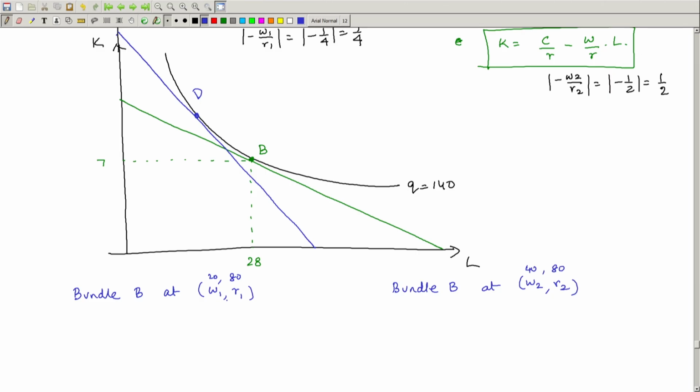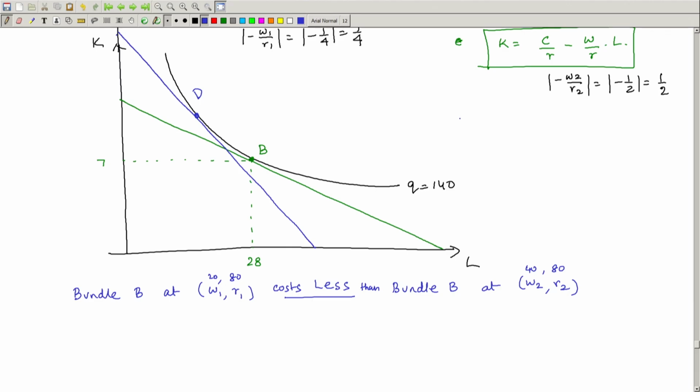So, you are taking the labor coordinate multiplying it with 20, the capital coordinate multiplying it with 80, and for the same input bundle B, the labor coordinate multiplied by 40 plus the capital coordinate multiplied by 80. So, clearly the bundle B at W1 R1 must cost less than the bundle B at W2 R2.